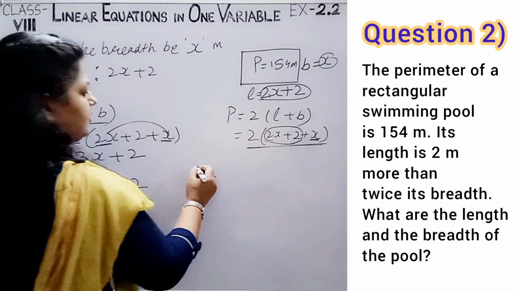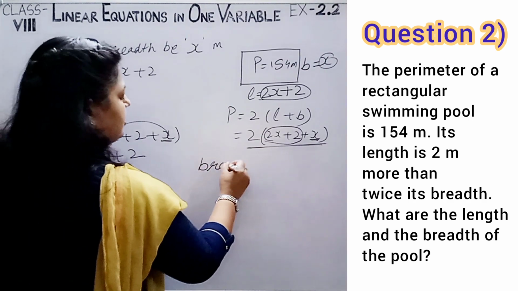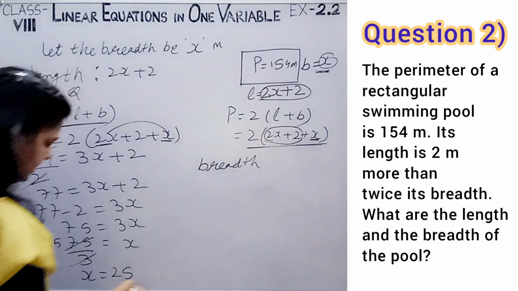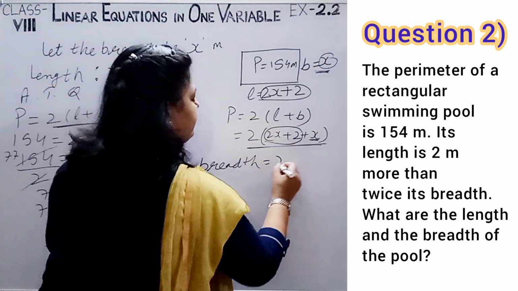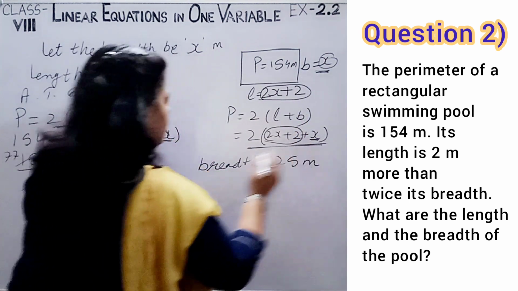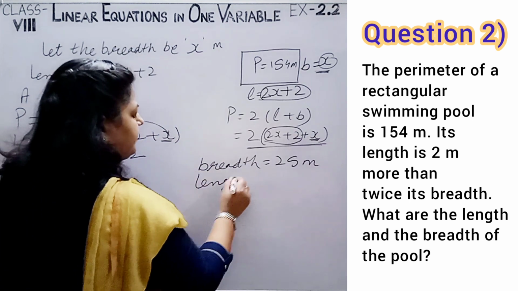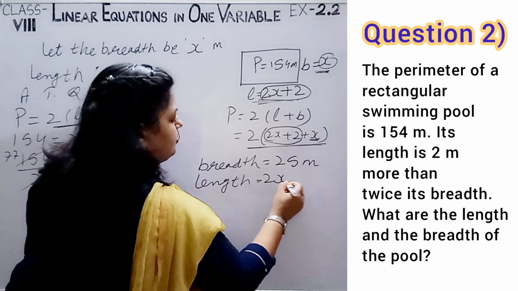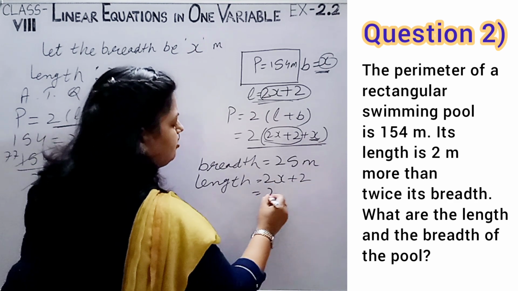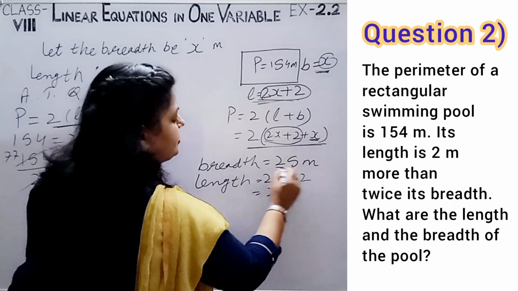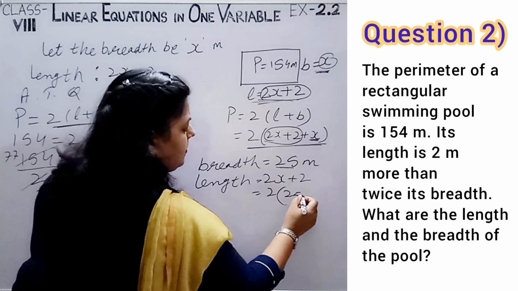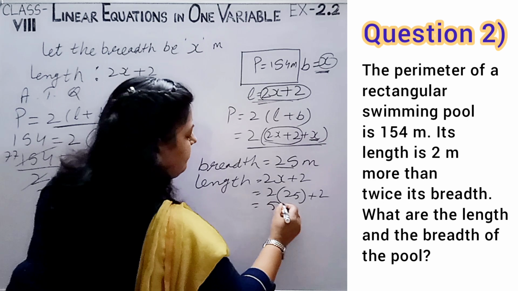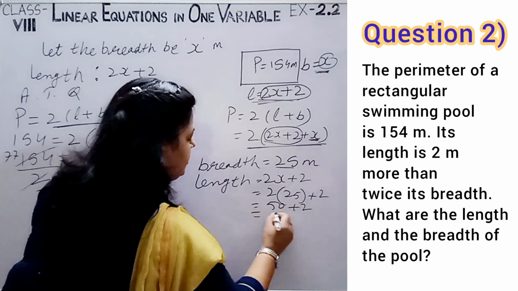Now this is the breadth because this is x and the value of x is 25. It means 25 meter. Now come to the length. This is 2x plus 2. Substitute the value of x, and what is x? 25, so 2 times 25 plus 2. 50 plus 2, that is 52.